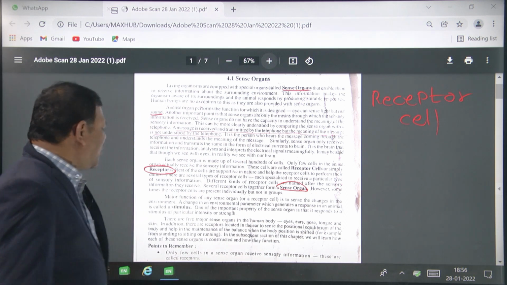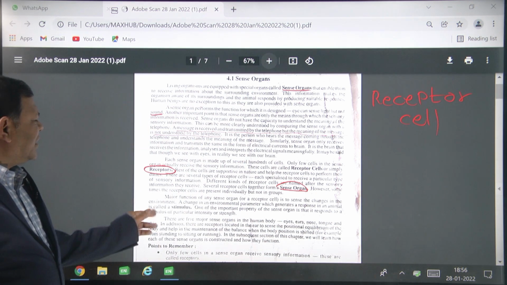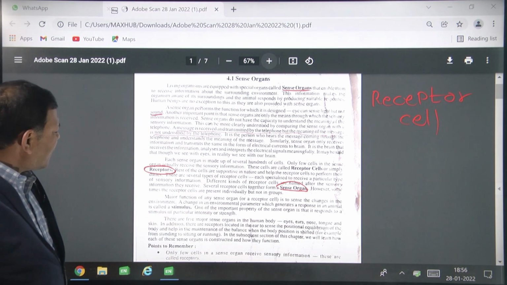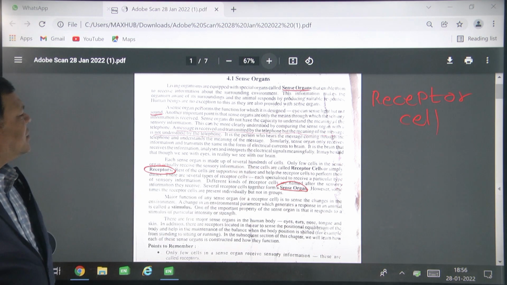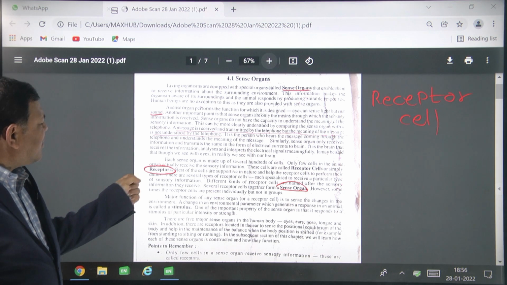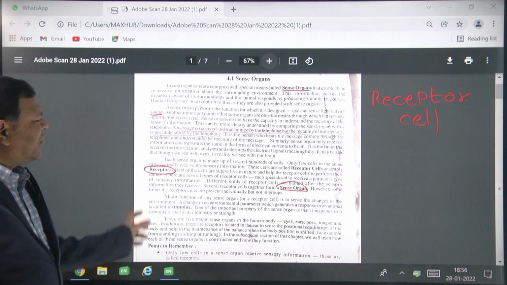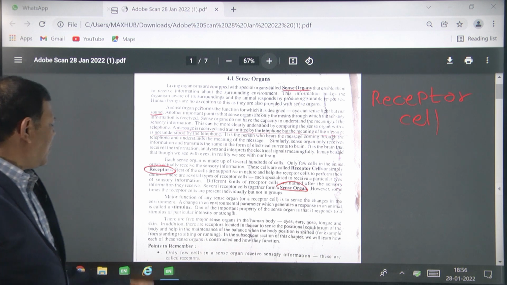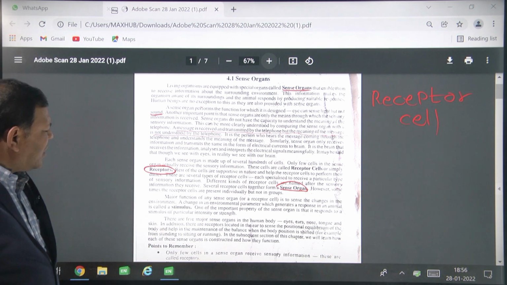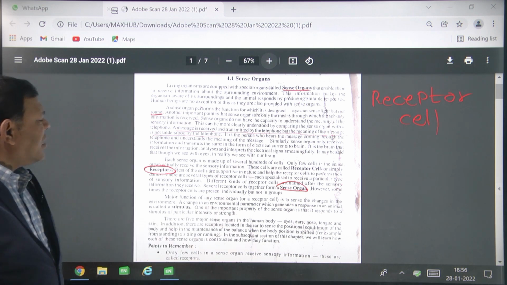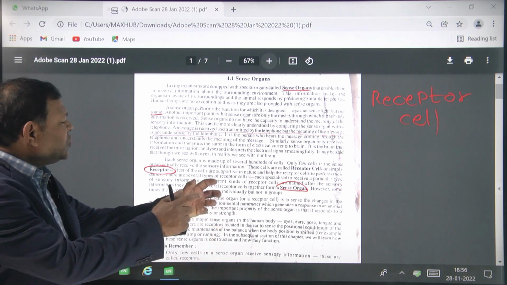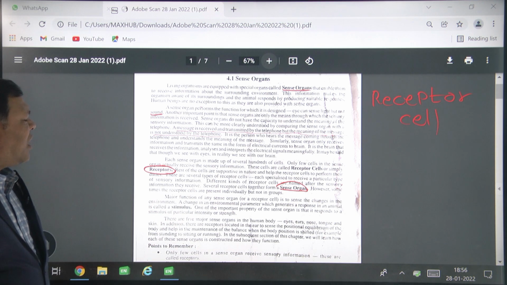Now, coming to the point, two things are very important. One is receptors: the cells through which the sense organ receives sensory information. Next, stimulus. What is the meaning of stimulus? A major function of any sense organ or receptor cell is to sense changes in the environment.